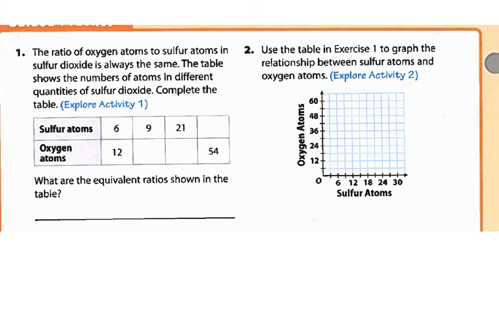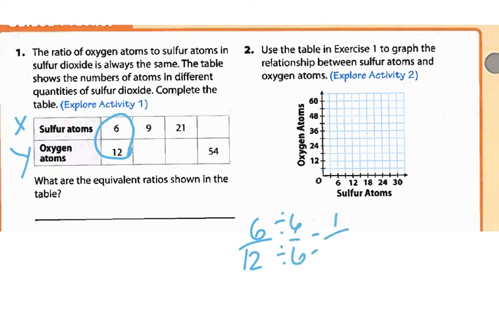The sulfur atoms are going to be the X, and the oxygen atoms are going to be the Y. If I look at the first column, I see 6 over 12, or 6 to 12. I want to put this into simplest form, so I divide 6 over 12 by 6 over 6 to get 1/2.